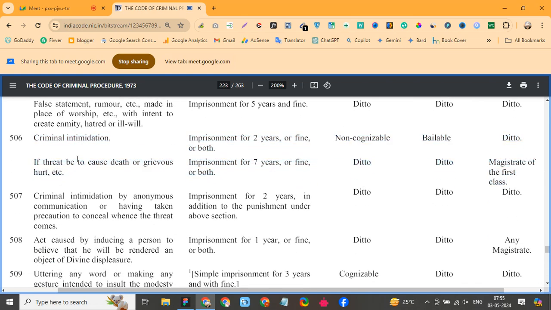If any threat of death or grievous hurt is there, in which imprisonment for 7 years or fine or both is the punishment, it should be non-cognizable in nature, bailable in nature, and triable by any magistrate of first class.